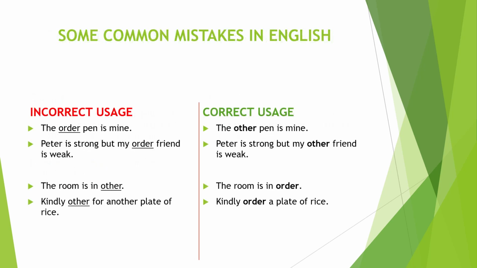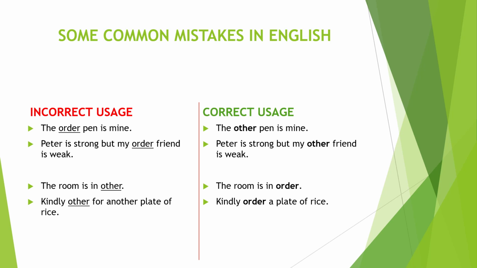At the left side of the screen, order is underlined because the right word should be other. The other pen is mine, not the order pen is mine. Like I said, our focus is based on the written aspects. Someone might say the other pen is mine.